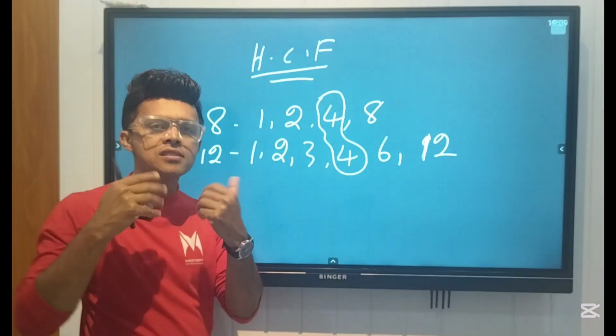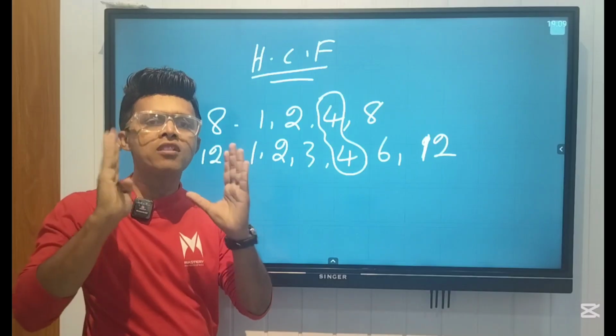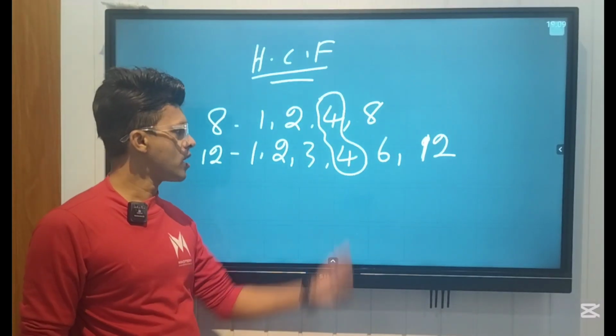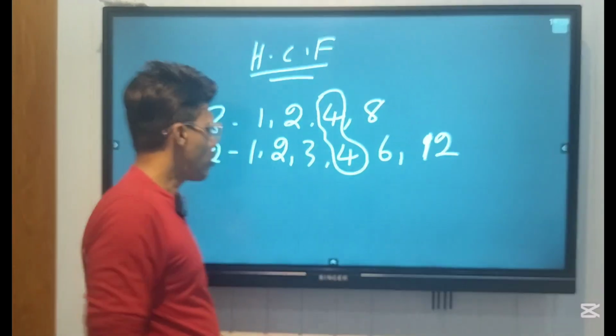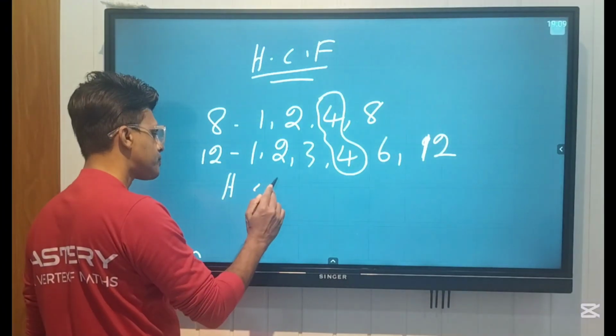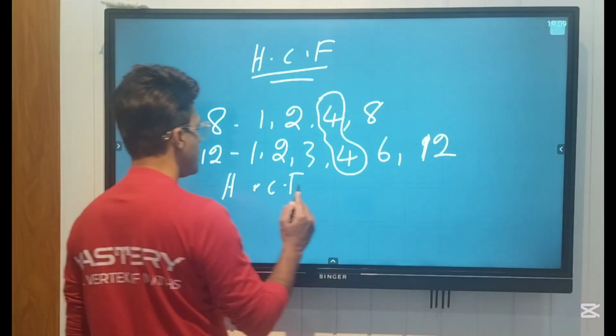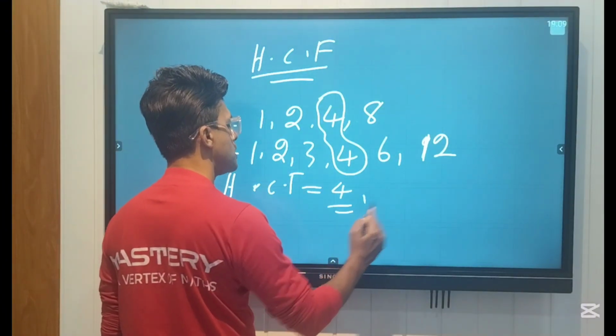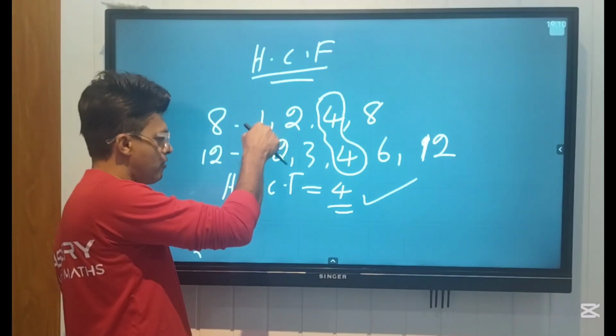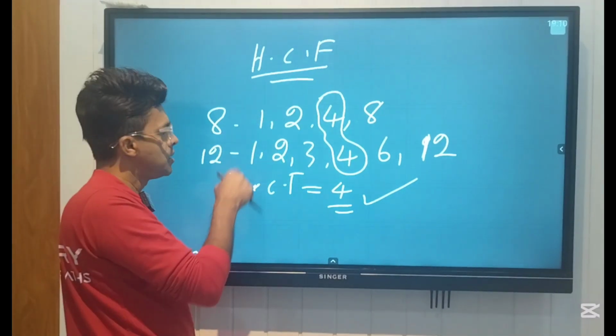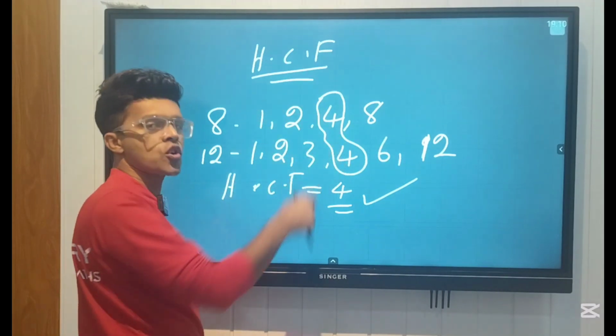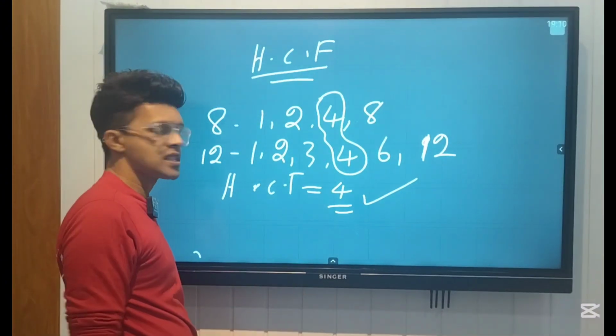Here we consider the highest common factor of 8 and 12, that is 4. So the HCF of 8 and 12 is 4. 1 is a common factor, 2 is a common factor, but the highest common factor is 4.